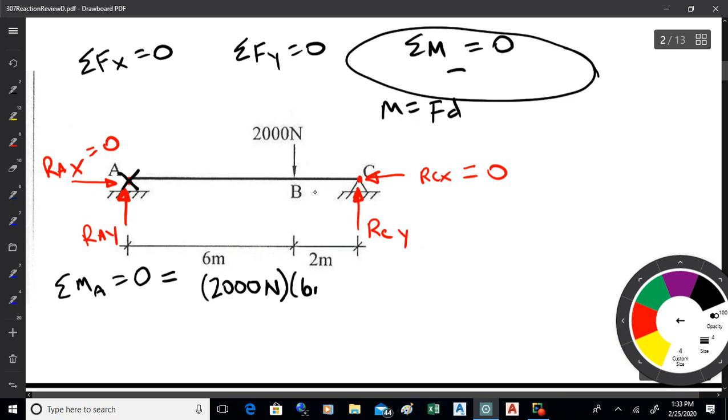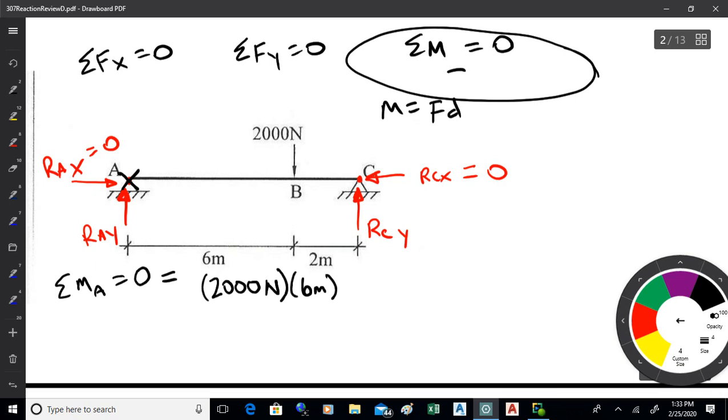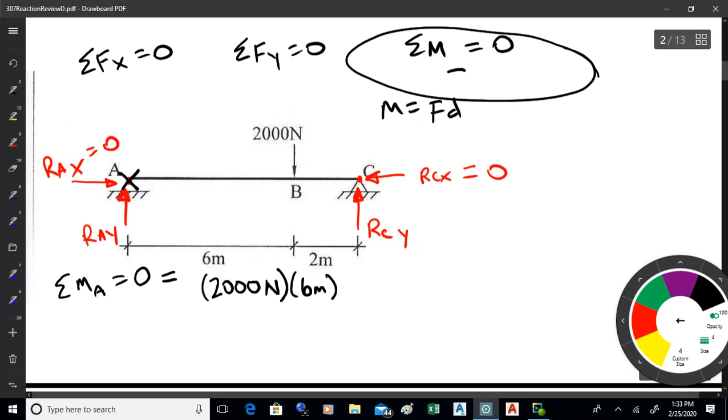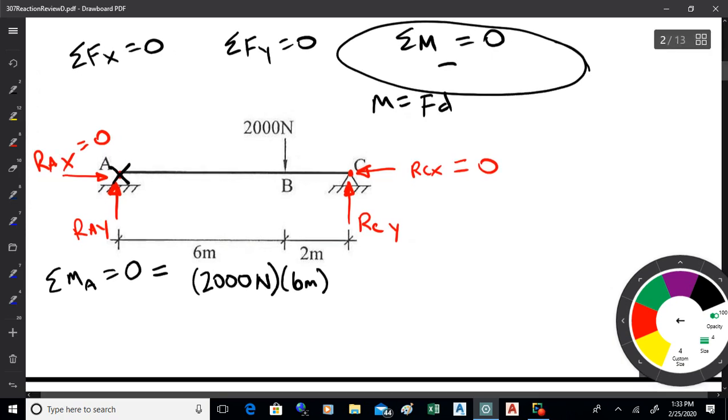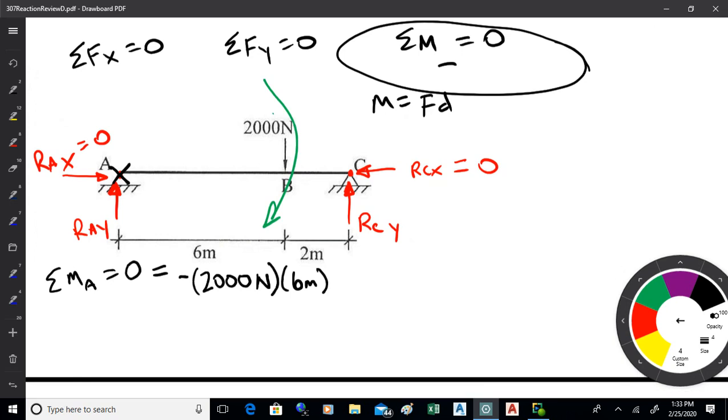We want to measure all those moment arms from A. So what I do, I put the numbers inside of parentheses, then I attach the sign, because I don't want to call that a negative 2,000. I just call it 2,000 times 6. Then I look at it and I go, okay, if I hold a pencil here out to the right and push down on it, that thing's going to rotate clockwise. So that's a clockwise moment. So what that means is that's negative. Okay? Put the numbers in the parentheses, I put the sign on the outside is how I do that.